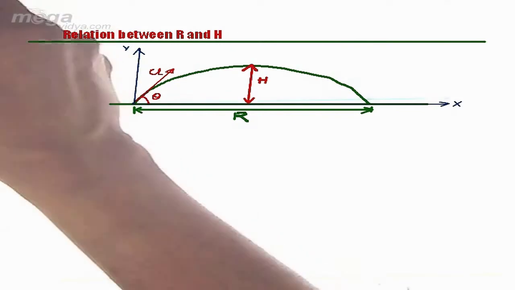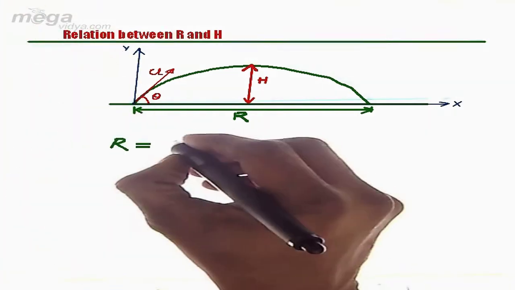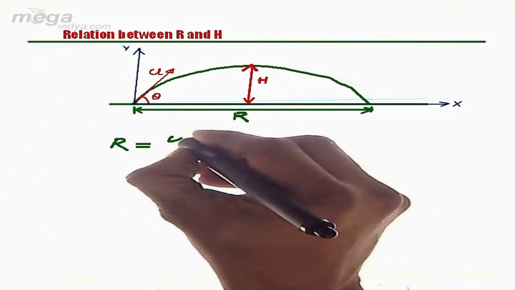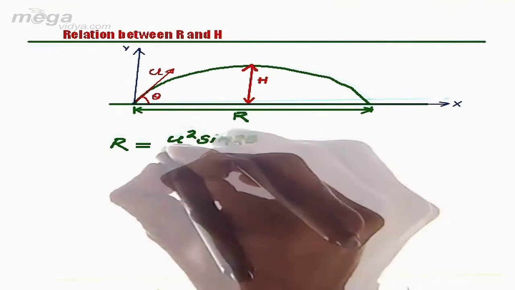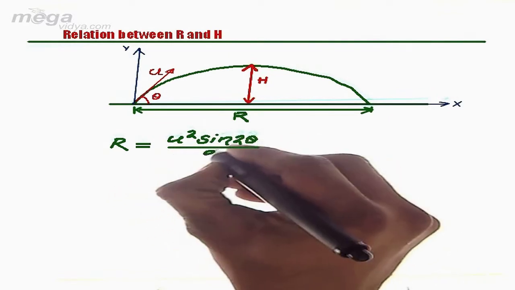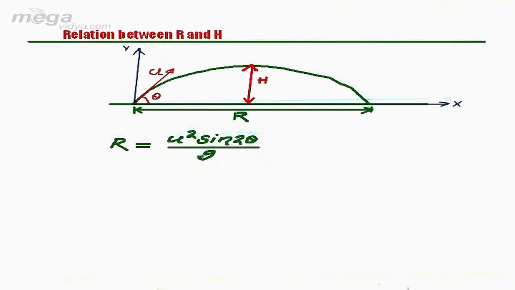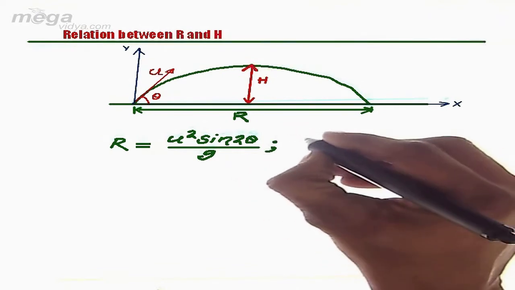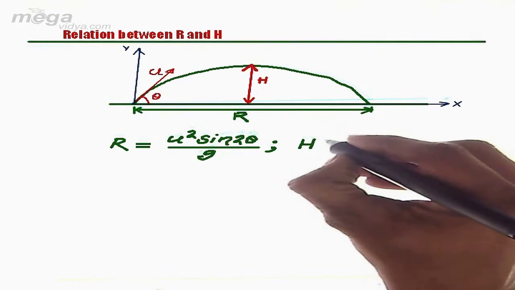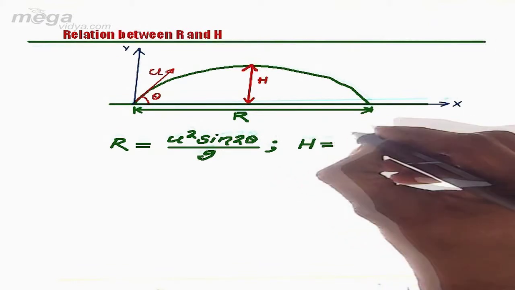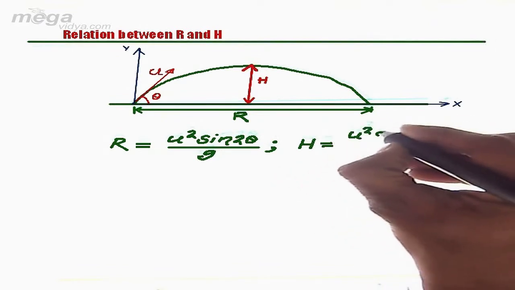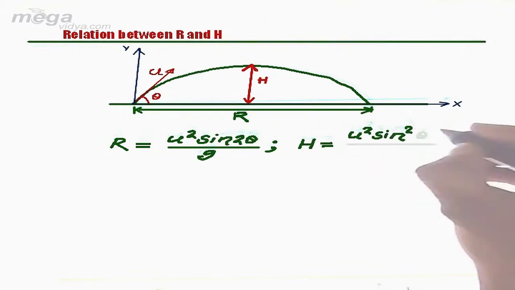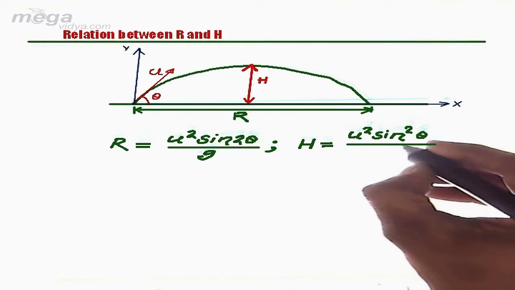We know the value of R to be u square sine 2 theta divided by g, which is the acceleration due to gravity, and the value of maximum height H comes to be equal to u square sine square theta divided by 2g.